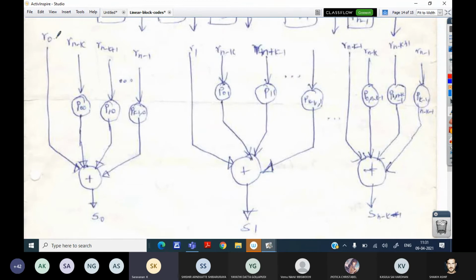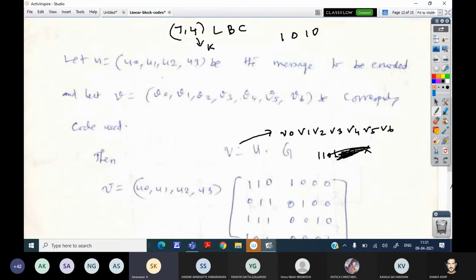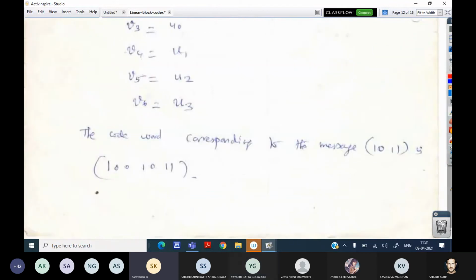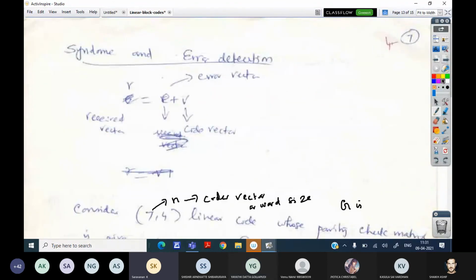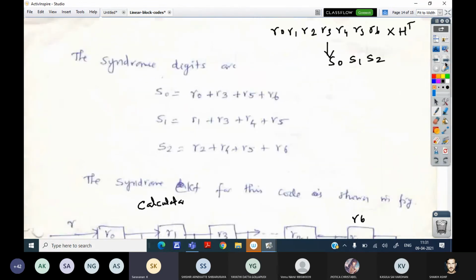When I feed R0 to R6 to this adder, some of the bits are going to be added. So I know what my S0 is. Can you tell me your S0 value, in general case in terms of R0?